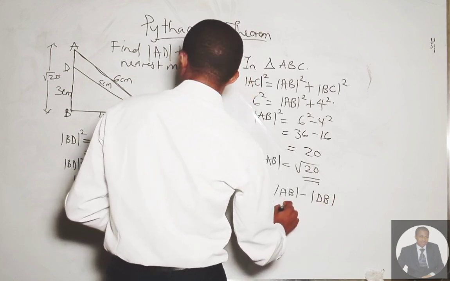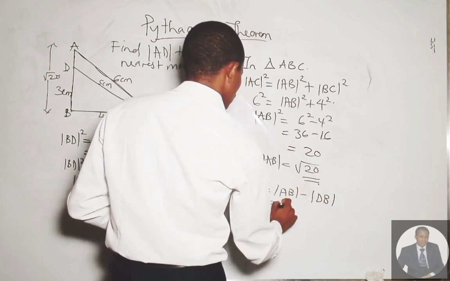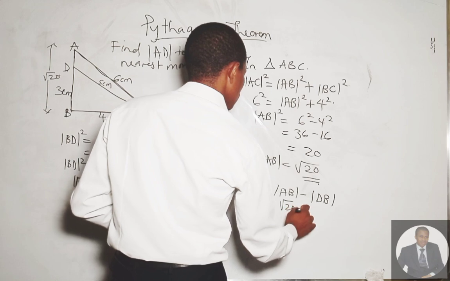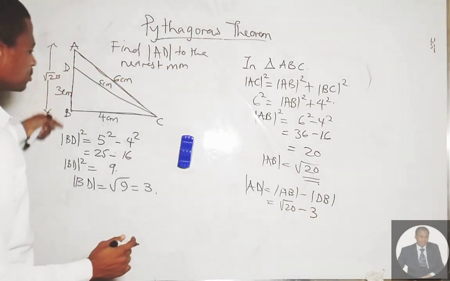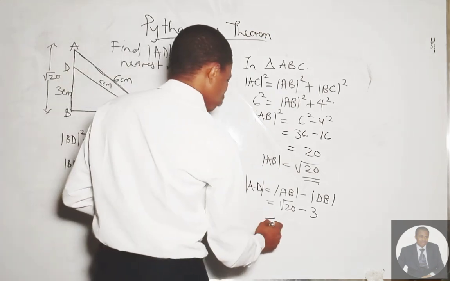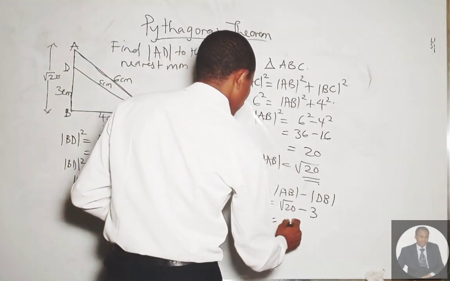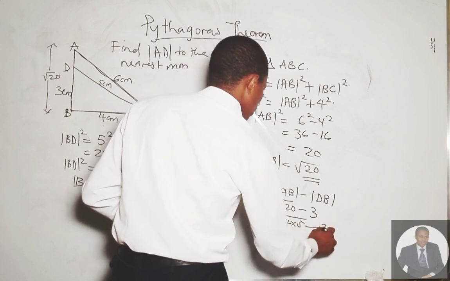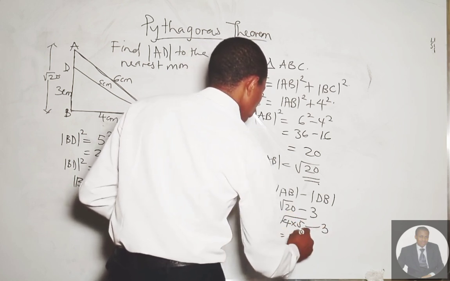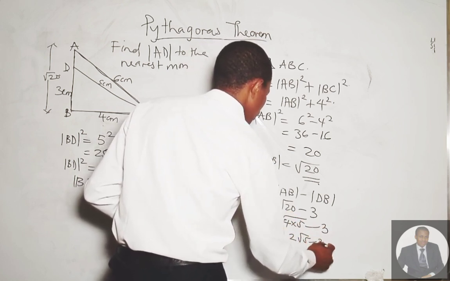What does that give us? AB is root 20 minus 3, DB or BD is 3. What's root 20? That's 4 times 5, so root 20 is 2 root 5, minus 3.